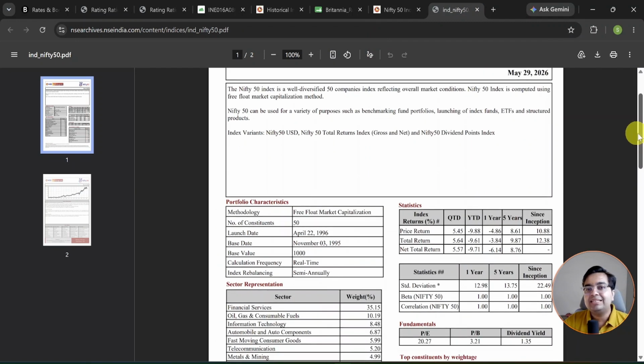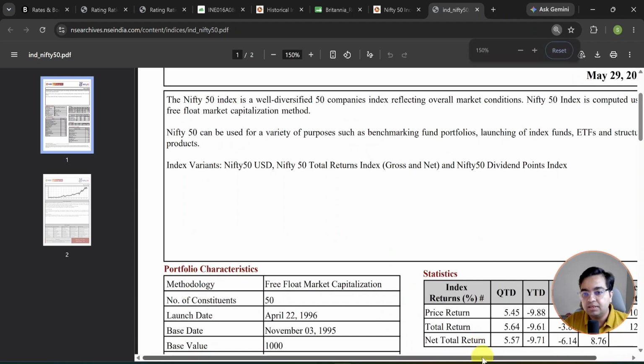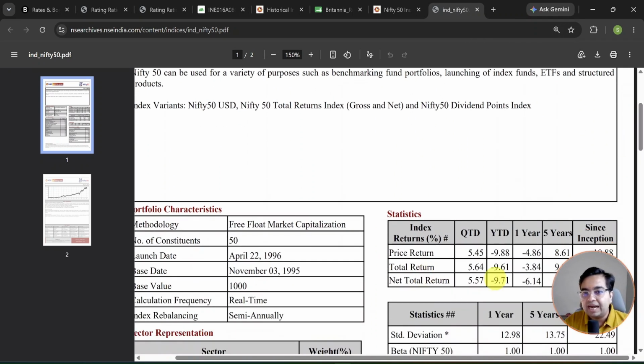Now, when you look at the statistics of this fact sheet, and of course, this is updated every 6 months, we are going to find something called the statistics price return total return. So I would suggest that we refer to the since inception total return of the market, which is 12.38%.